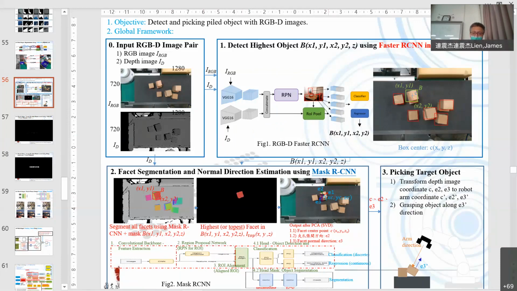For each domain, we try to find the normal direction, using PCA, SVD, and the eigenvectors. For each cube, we find the normal direction of its surface, so the robot will go along the normal direction and pick it up. The way we find the normal direction is to use PCA.